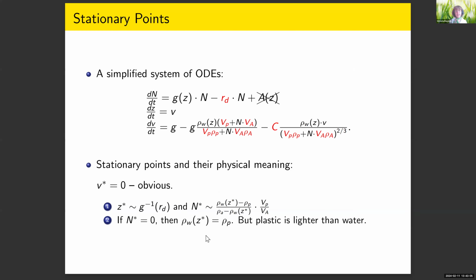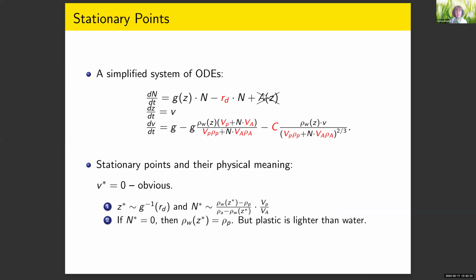Another part that students can learn in this system of equations is to study stationary points and to see the properties of the stationary points. For the purpose of this presentation, I decided to consider actually a bit simpler system. I decided to cross out this attachment rate.